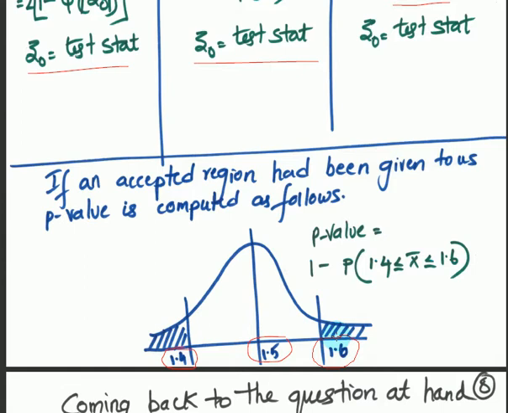If I want to find the p-value given these critical values, I can compute that as 1 minus the probability that x bar lies between 1.4 and 1.6. This is when the acceptance region is given to us.